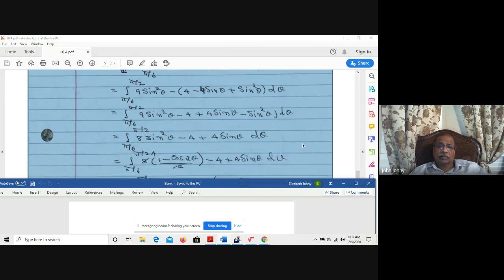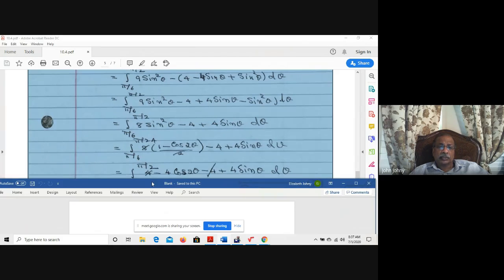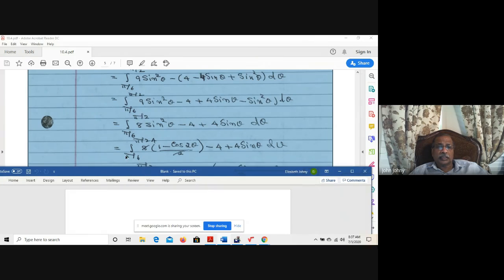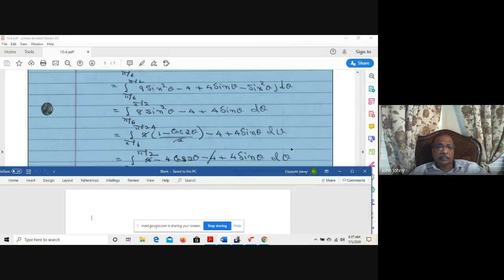Now you use the power reducing formula: sine square theta is 1 minus cos 2 theta over 2. So that is the integral from pi over 6 to pi over 2 of 8 times 1 minus cos 2 theta divided by 2, and the 2 cancels with 8, leaving a 4, minus 4, plus 4 sine theta d theta.